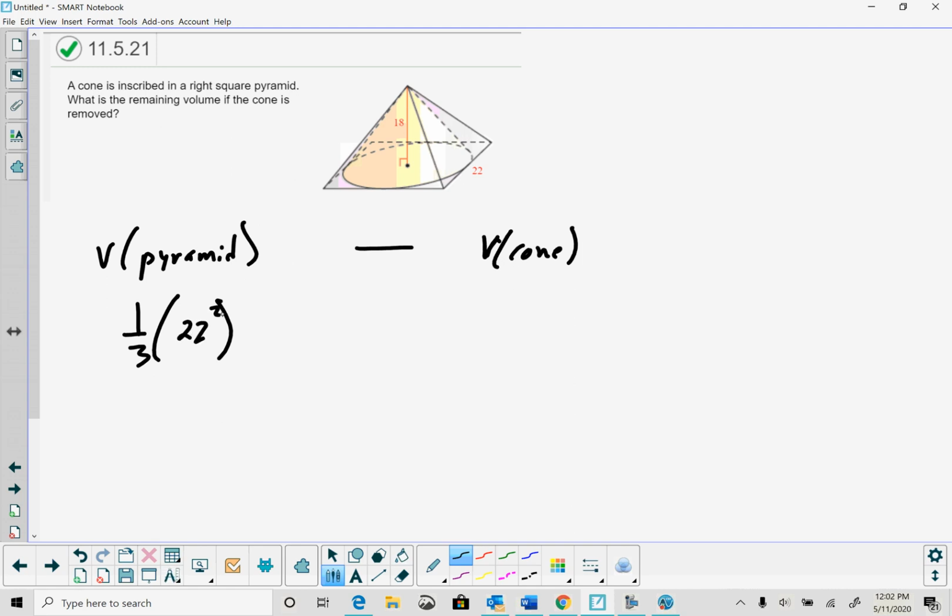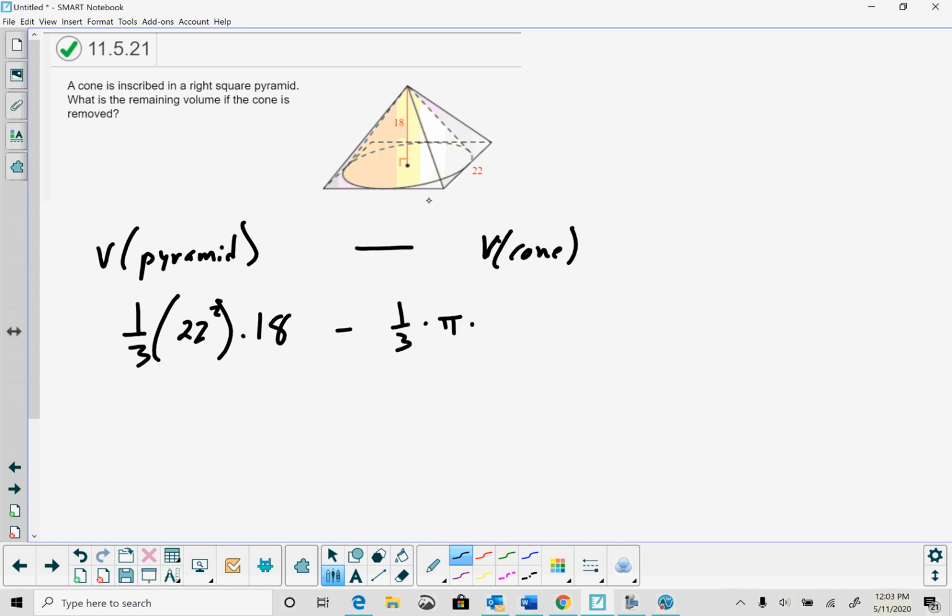So area of a square, we'll take 22 and square it, times the height of the pyramid they're showing us, which is 18. The volume of a cone, again, that's just volume of a cylinder with our standard 1/3 proportion in front of it. Now, for this, we need 1/3 pi times our radius squared.